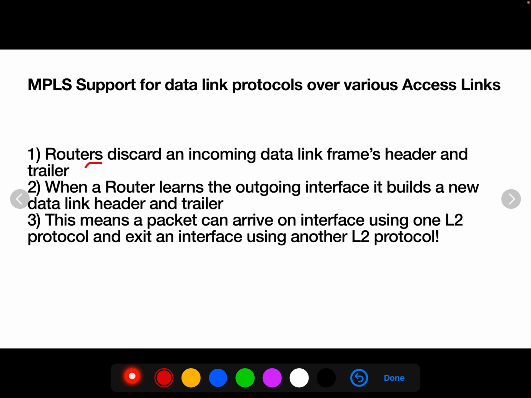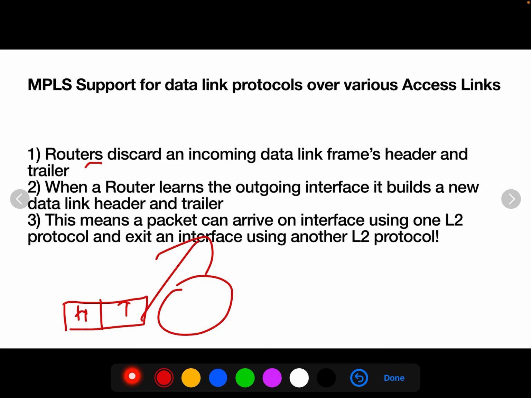So we've got a data link frame, with a header and a trailer. Those are discarded by a router.